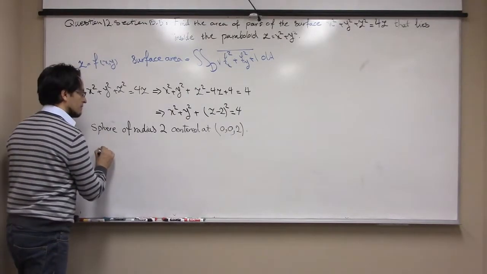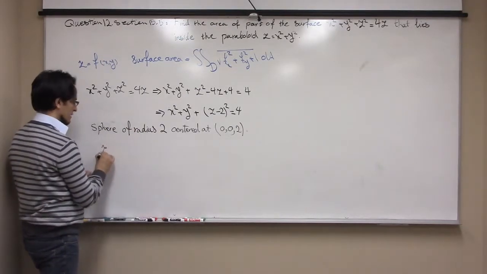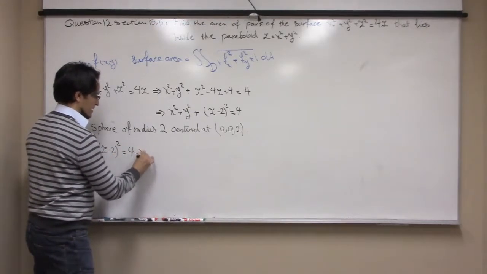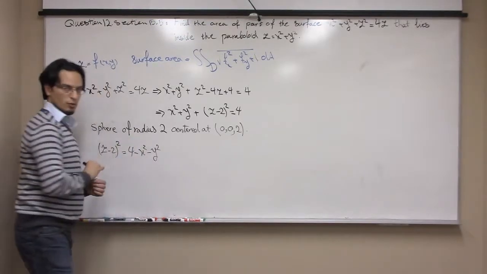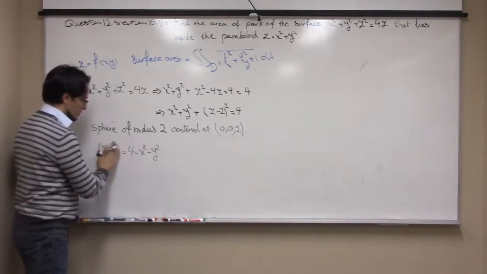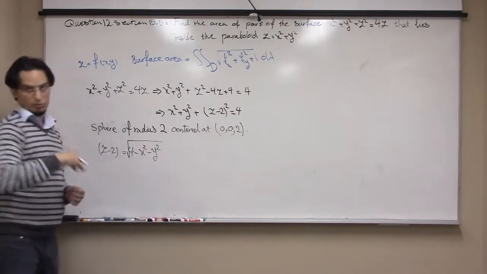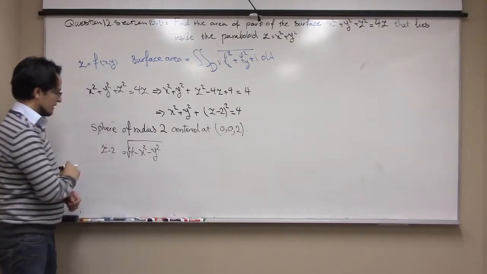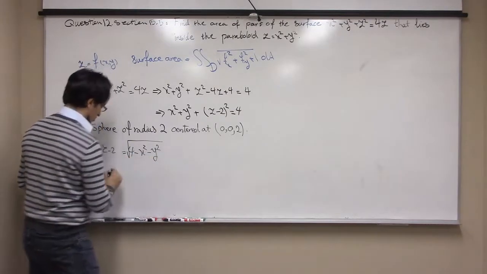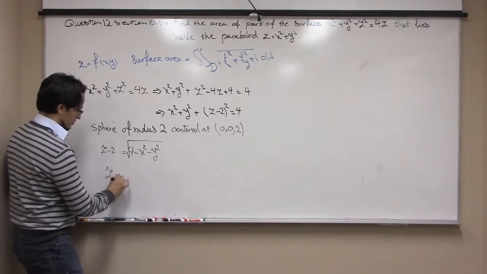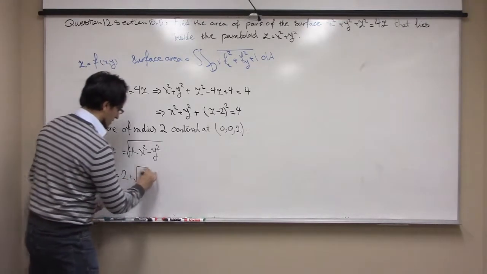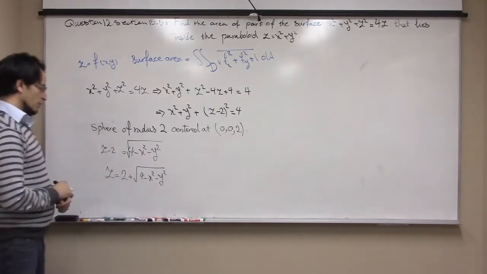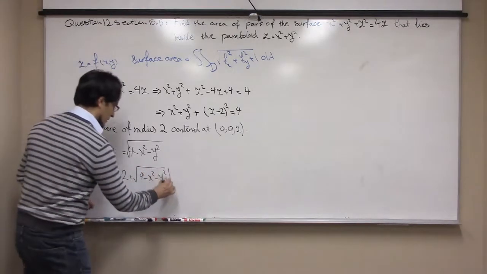I can write z minus 2 squared equals 4 minus x squared minus y squared. Then take the square root of both sides. I'm just going to do the upper part, that means I consider the positive root, and add 2 to both sides, so z is 2 plus the square root of 4 minus x squared minus y squared, and that's my function.